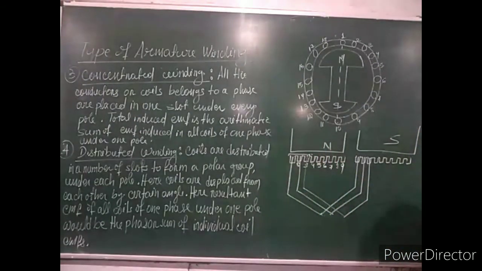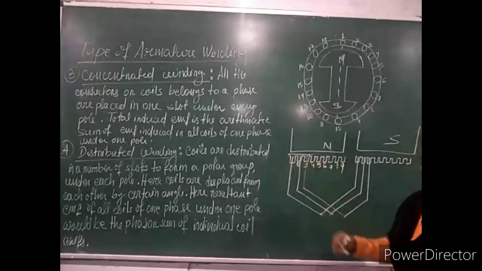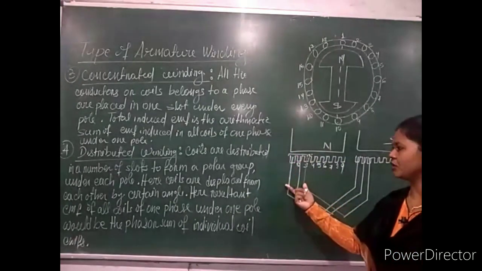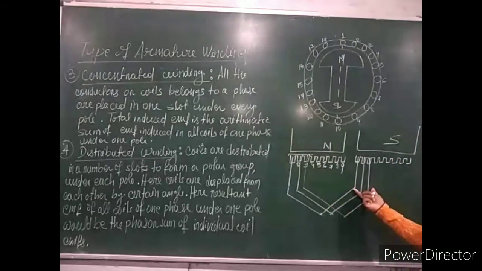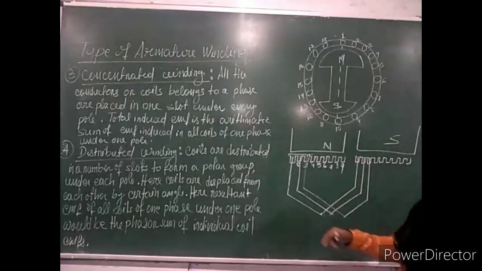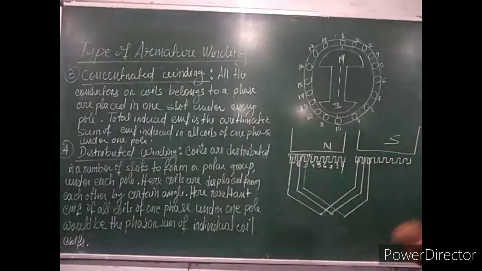Clear? The second difference is that in concentrated winding, the resultant EMF in a coil is the algebraic sum of the EMF of coil side 1 and coil side 2. But in distributed winding, you see that there is a phase difference between slots under each pole belonging to a particular phase.